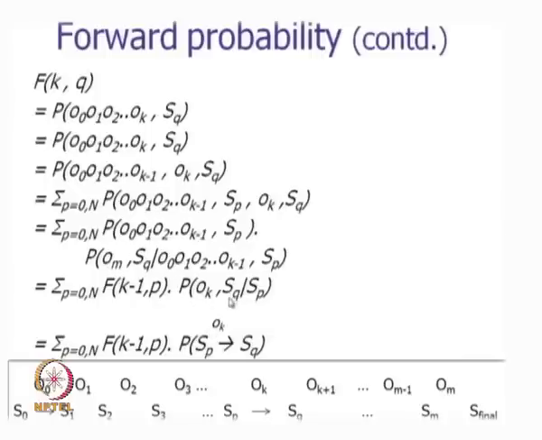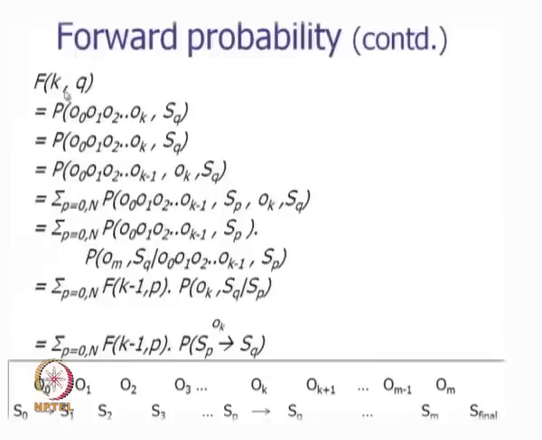So, P of Ok comma Sq given Sp, by definition, is nothing but P of Sp, Ok arrow Sq. This is the transition probability of going from state Sp to Sq as shown here in this whole sequence, and f k minus 1 comma p is the forward probability up to k minus 1.